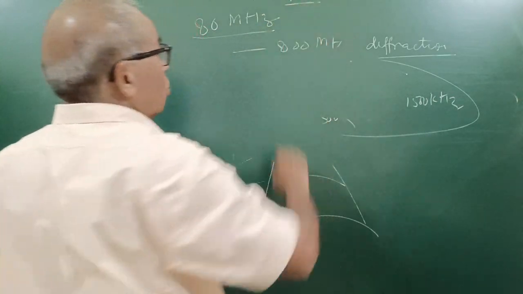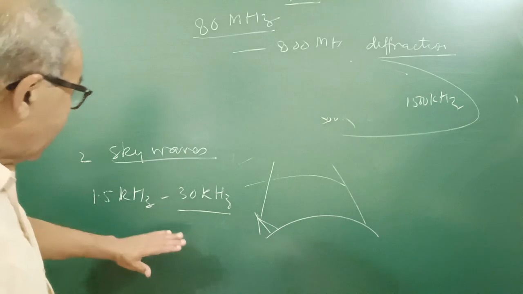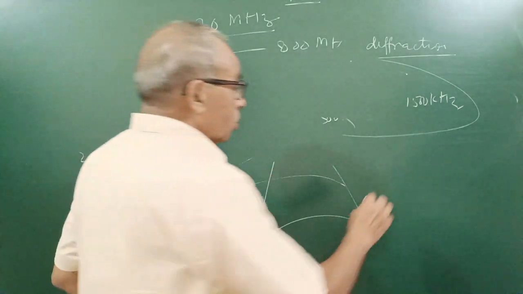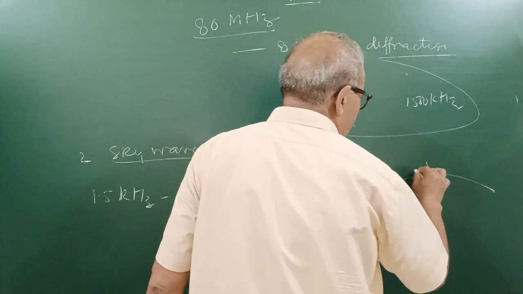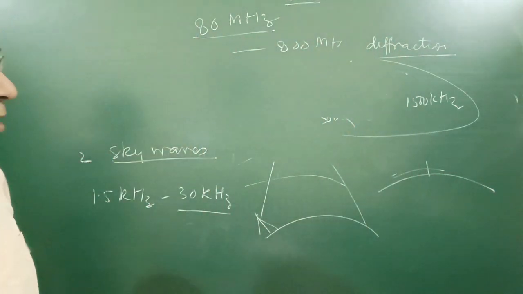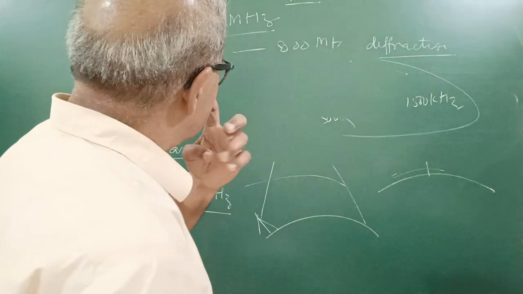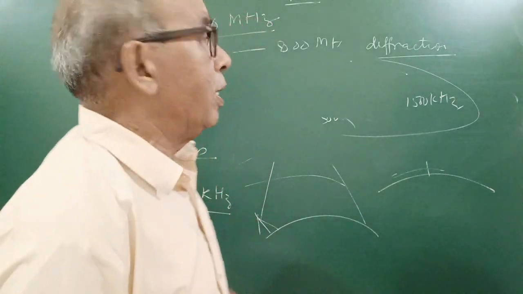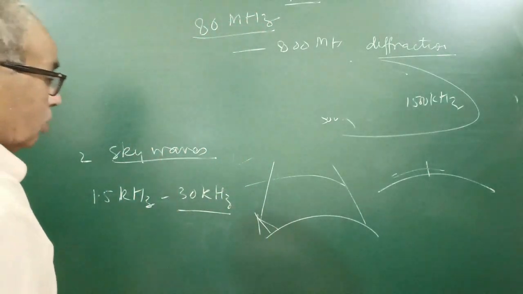FM means frequency modulation. They cannot be reflected back by the ionosphere. They get absorbed very quickly and cannot travel long distance, hardly 1 or 2 kilometers. So we use space wave.